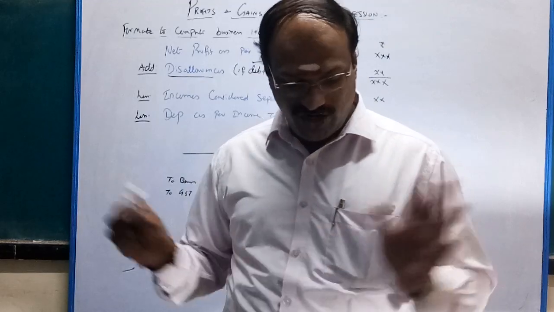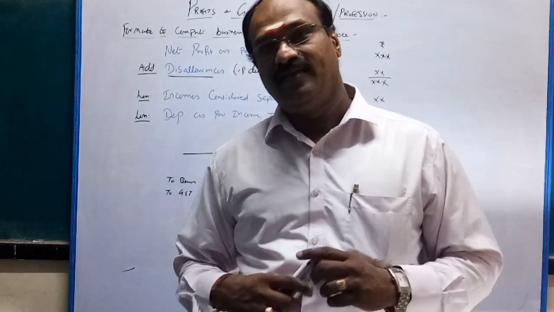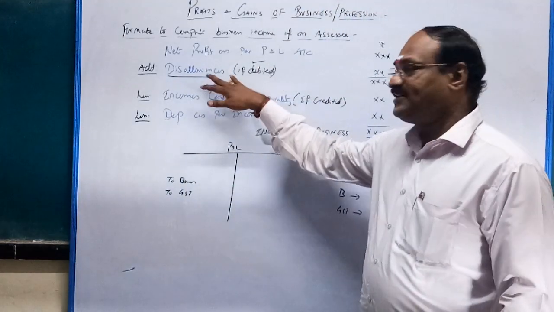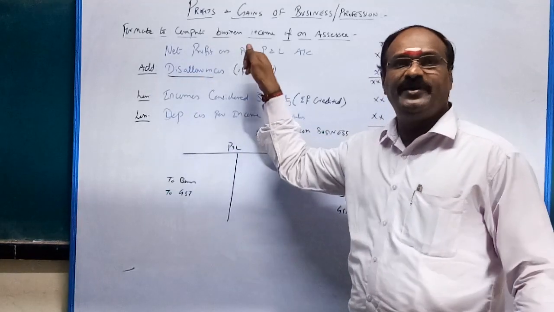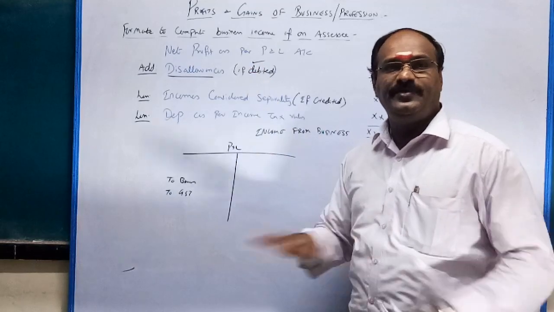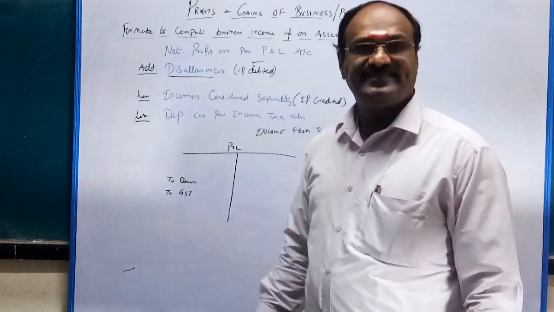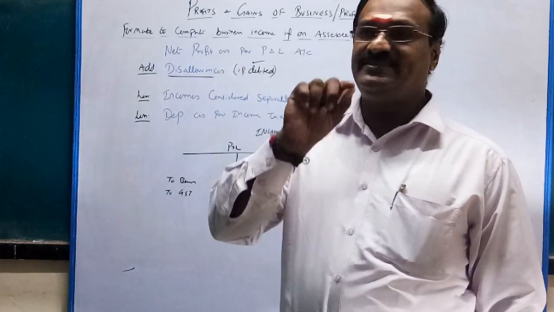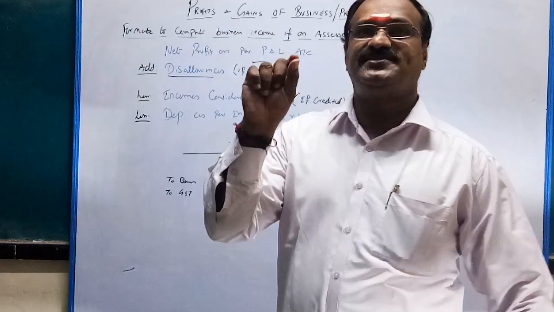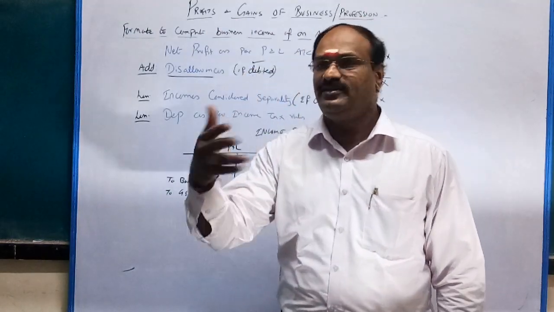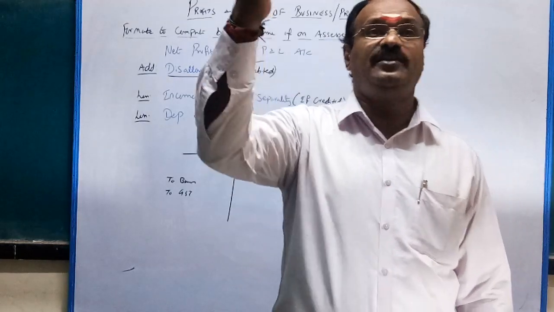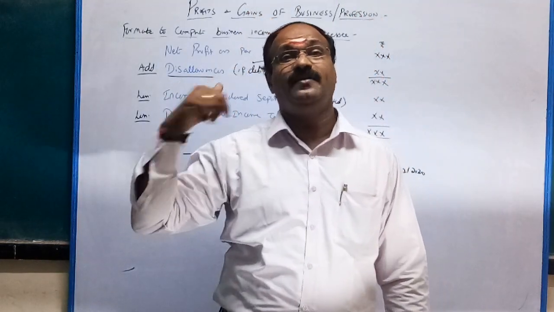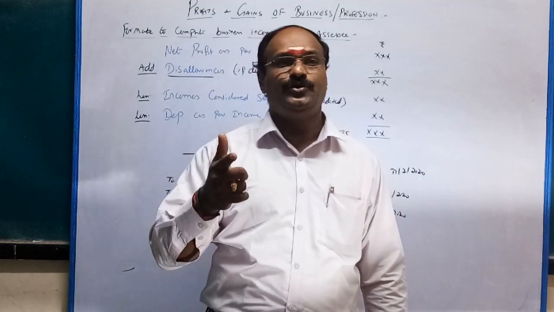Next, in short, disallowances. Listen, when are you going to add disallowances? If debited in the P&L account. Suppose it is not debited, for example, given in adjustment, like a provision for a liability or anything which is not debited in the P&L account, what are you going to do?